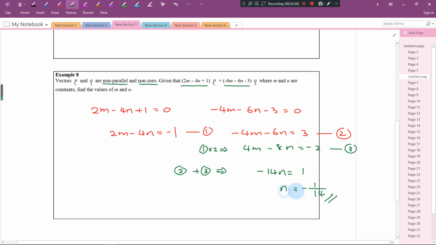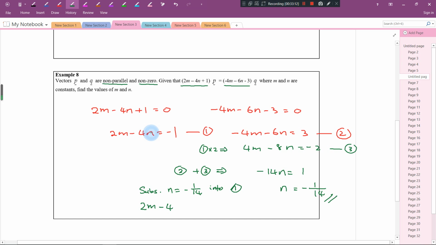Now I'm going to use this value and substitute it into the first one. Substitute n equal to negative 1 over 14 into the first one. If you don't want to choose the first one, you can use the second one. So 2m minus 4n.